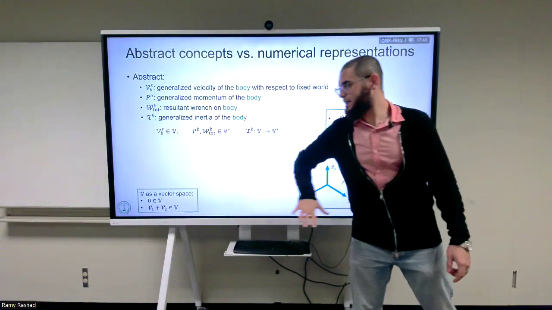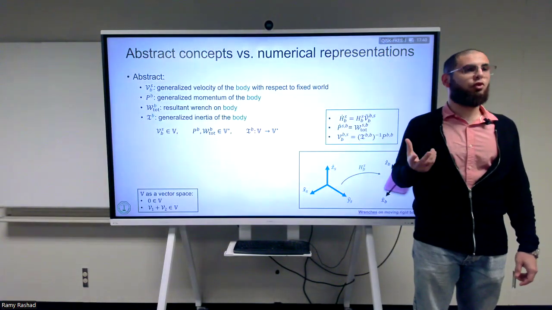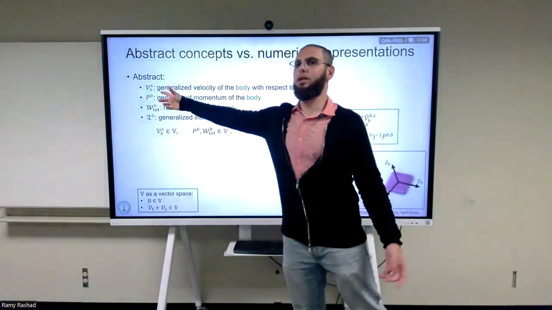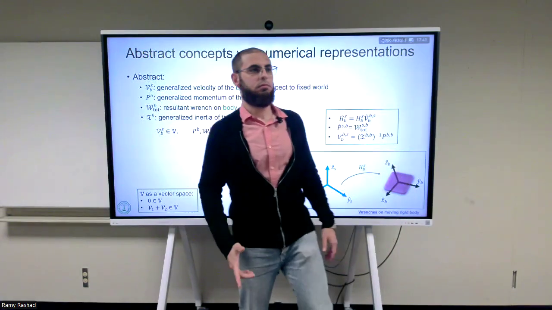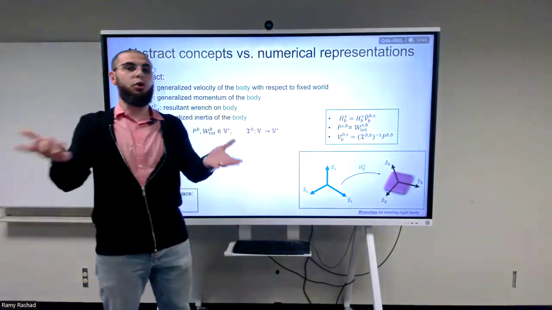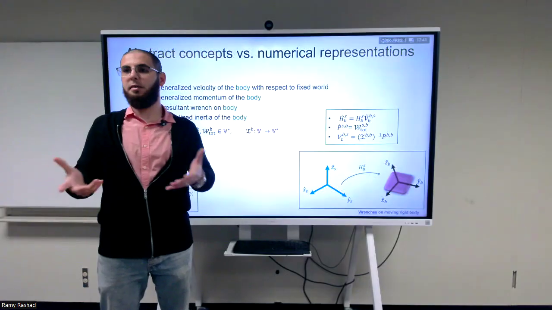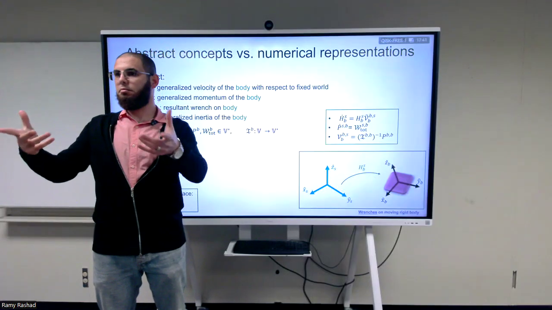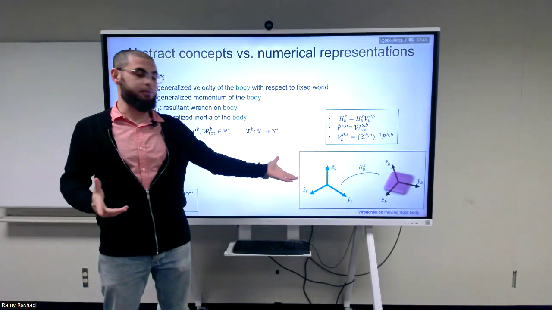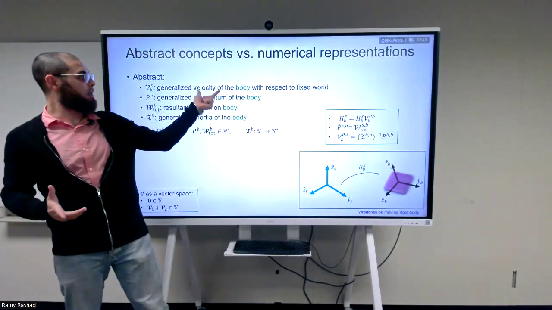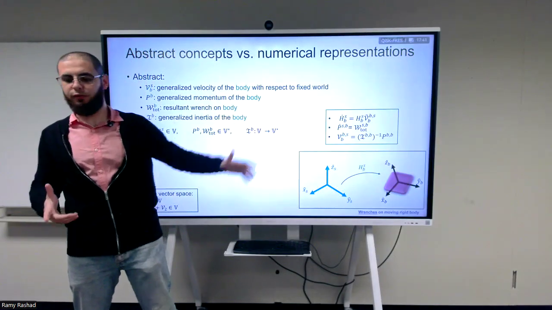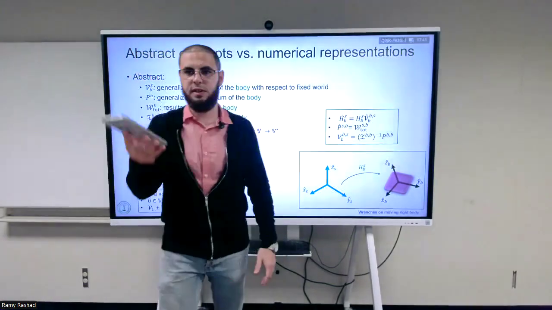So V is a vector space because it has the zero. The zero twist here, what does it mean? No motion, no general motion. The two bodies are fixed. I'm not talking here about frames, by the way. We're talking about the velocity of the body with respect to the fixed world. For example, what is the velocity of this phone?